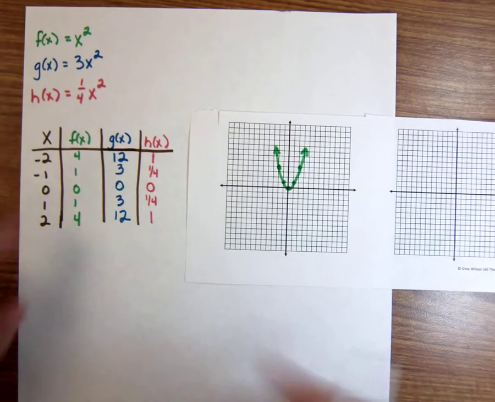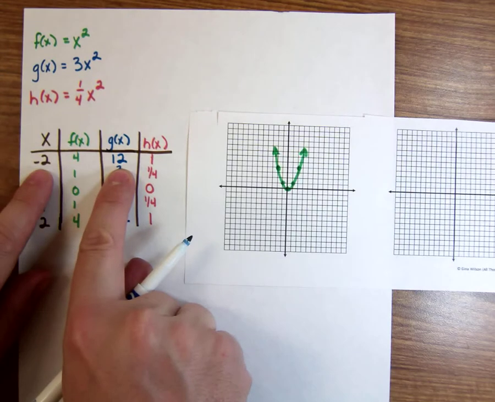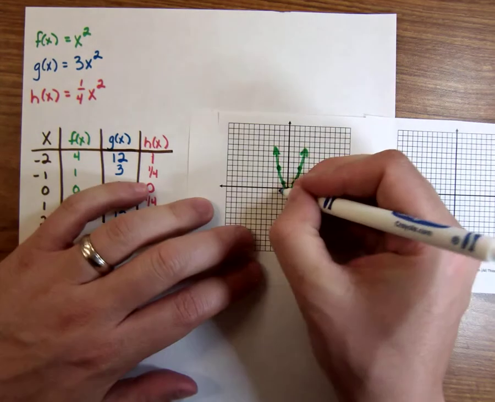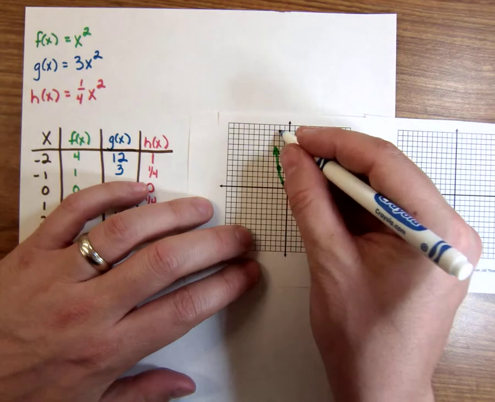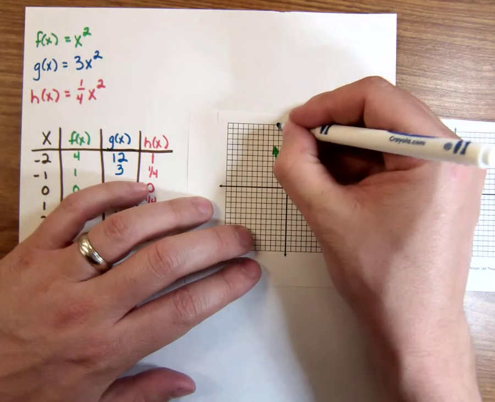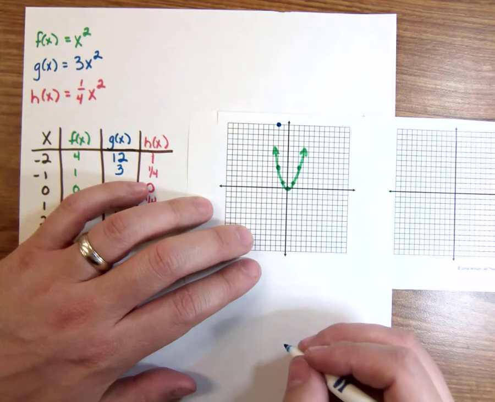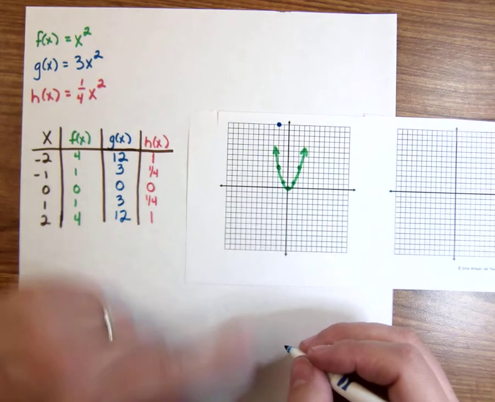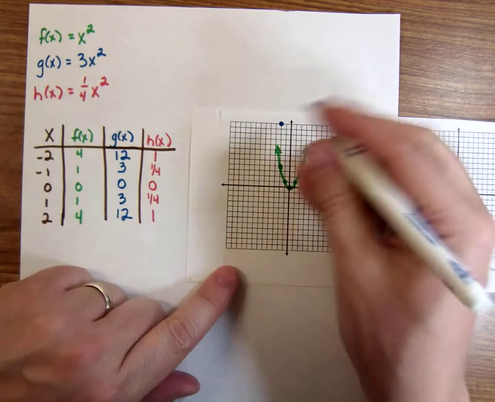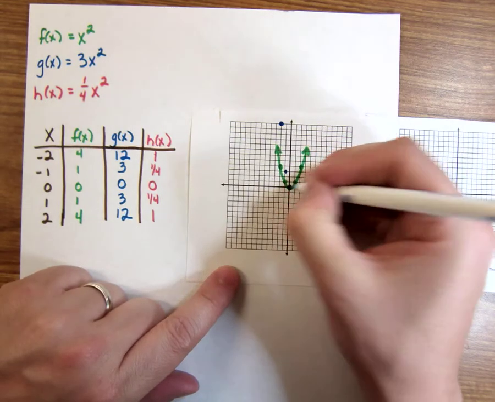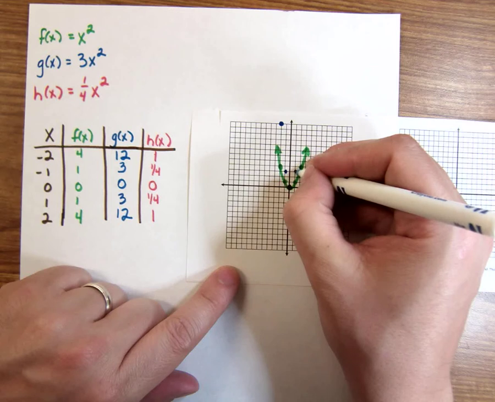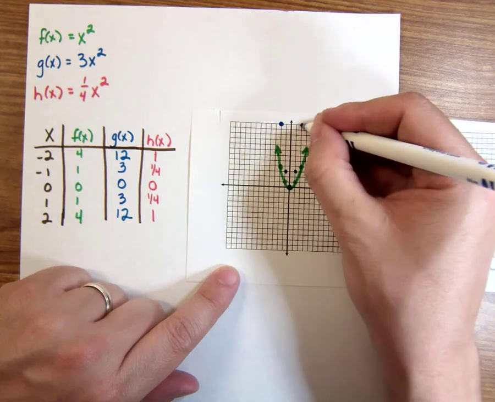So first of all, my first point is negative 2, 12, which I don't even think will fit on this graph. 7, 8, 9, 10. Oh, it's at the very top. Yeah. I knew we could do it. I never doubted it for a minute. Next will be negative 1, 3. Then 0, 0. Then positive 1, 3. Then positive 2, 12.